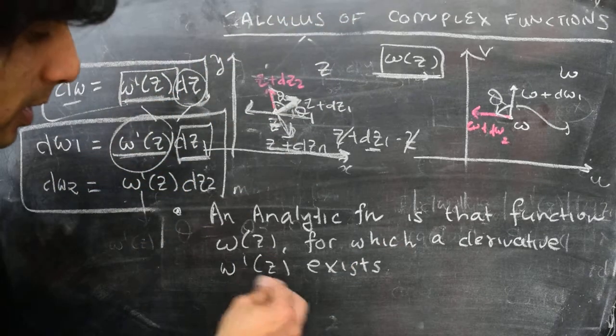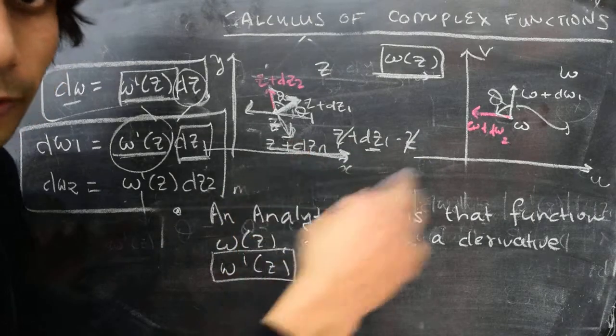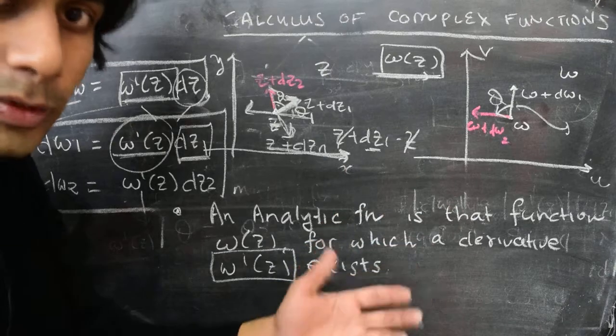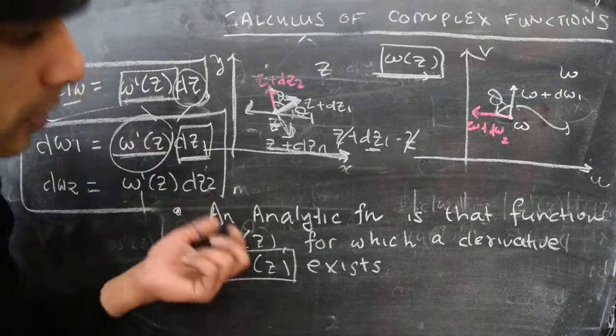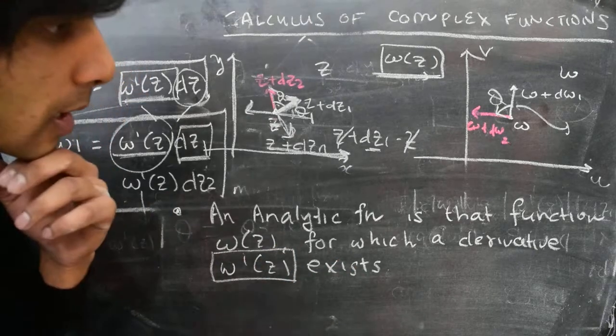And geometrically, it means that this w prime z is the unique derivative at the point z, independent of the direction in which we move away from the point z. So simply speaking, this is the definition of a complex analytic function.